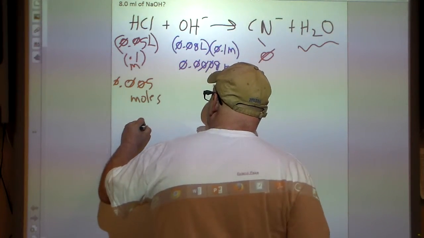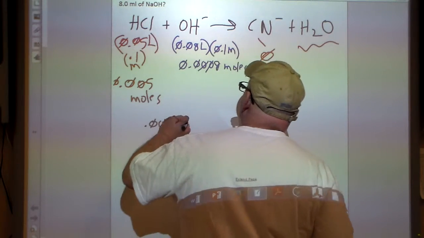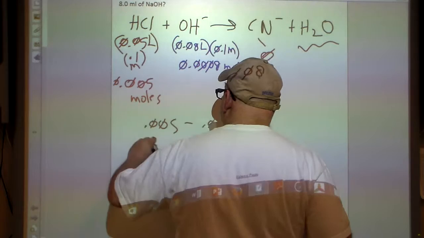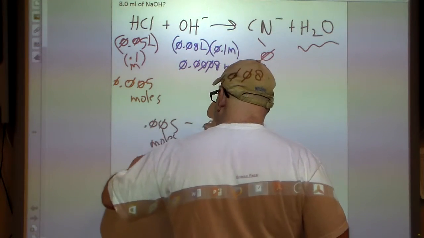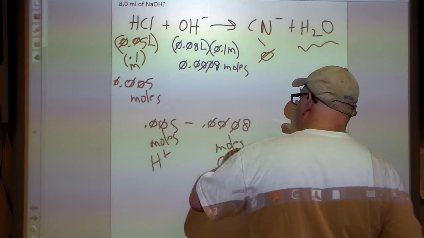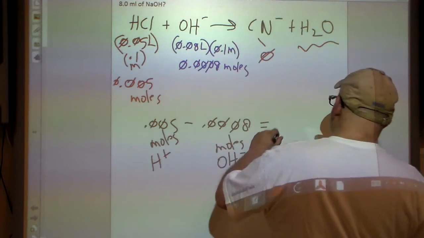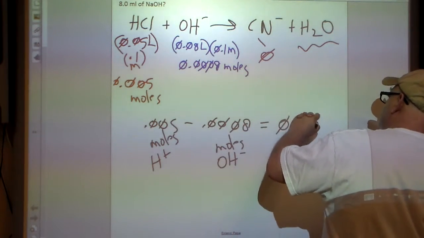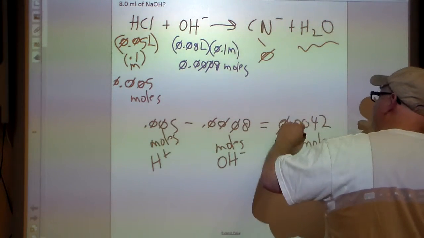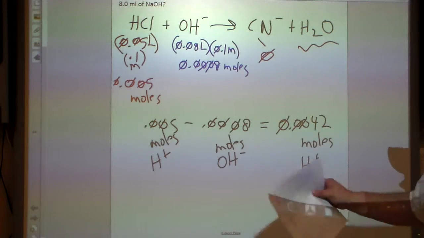Well, it's going to be 0.005 minus 0.0008. Okay? Remember, this is moles of H plus. Here it's moles of OH minus, and that's going to leave us with 0.0042 moles of H plus that has not been reacted with the base.